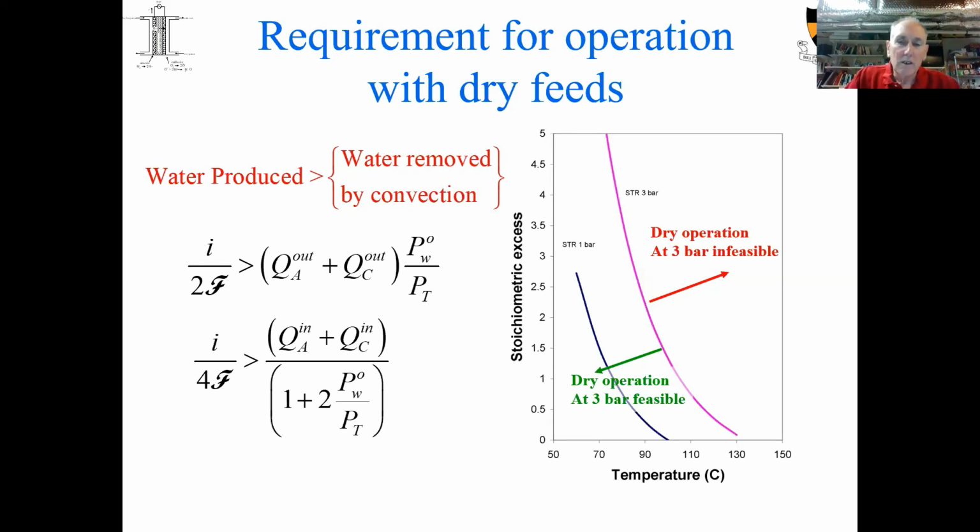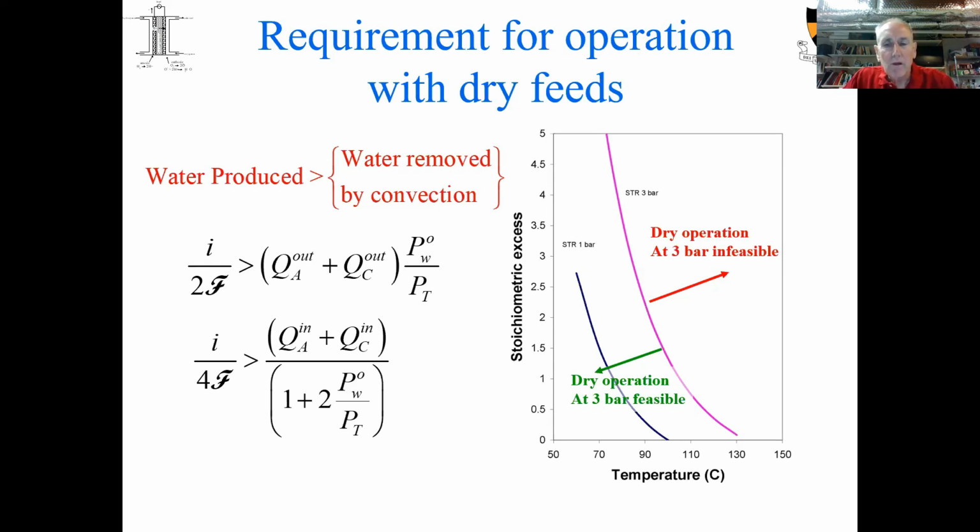And what you find is that there are defined lines here at different pressures. If we're below the line, to the left of the line, dry operation is feasible. If we're to the right of the line, dry operation is not feasible. And so you can see that we can actually run dry feeds feasibly up to 100 degrees.